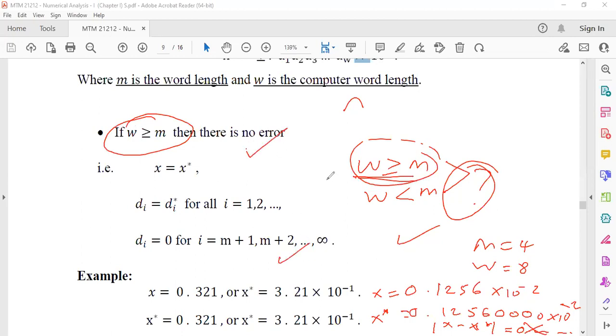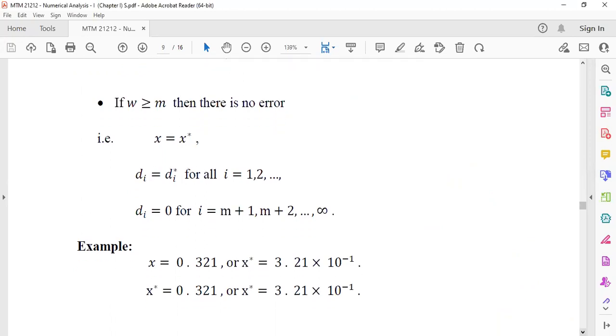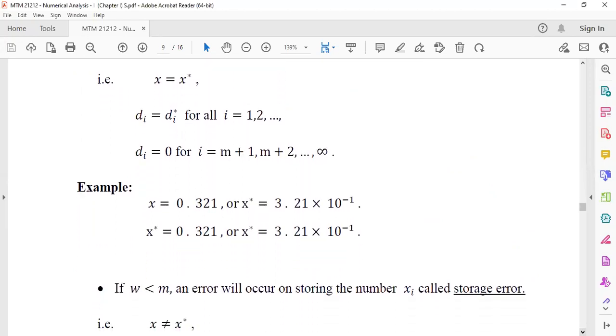Please write down whatever I'm writing if you want to understand clearly. Here you can also see all the others up to infinity. Infinity means all the d_i's are 0 for m plus 1, m plus 2, because up to m they are equal.